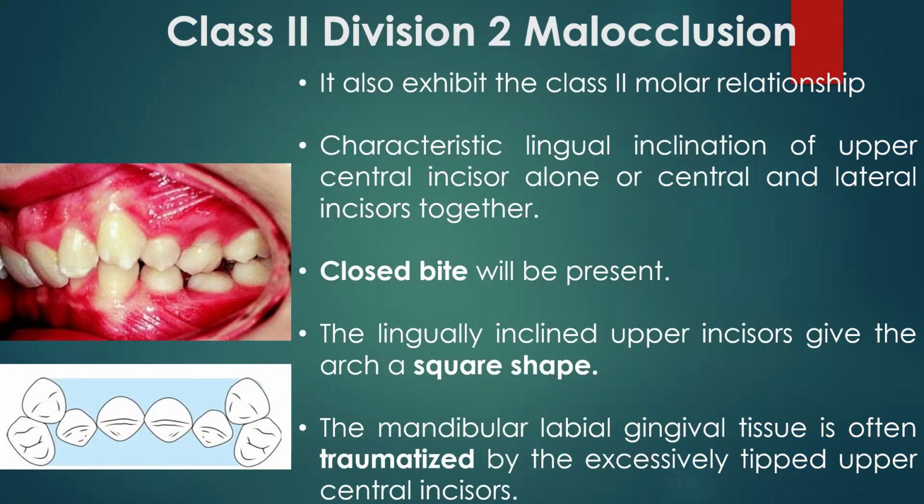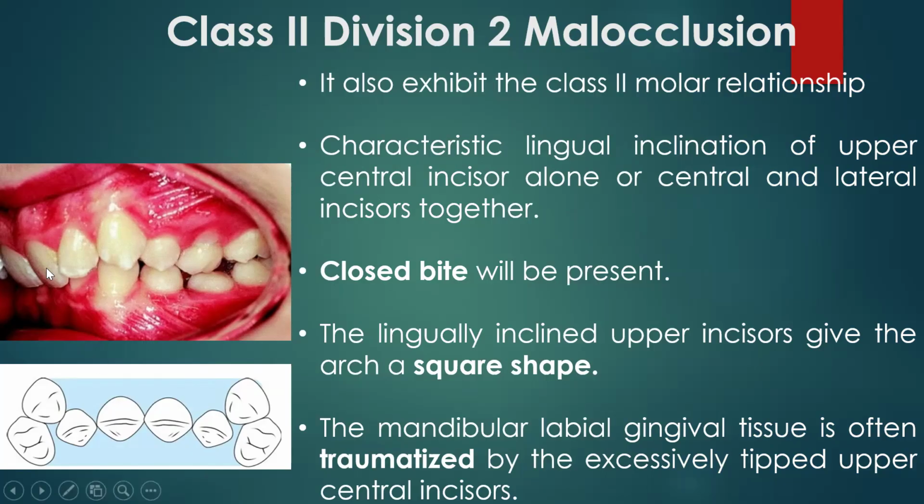Class 2 division 2 malocclusion also exhibits a class 2 molar relationship. But the difference is that in division 1 there was proclination of the upper anteriors, but in division 2, there will be retroclination of the central incisors or central and lateral incisors.